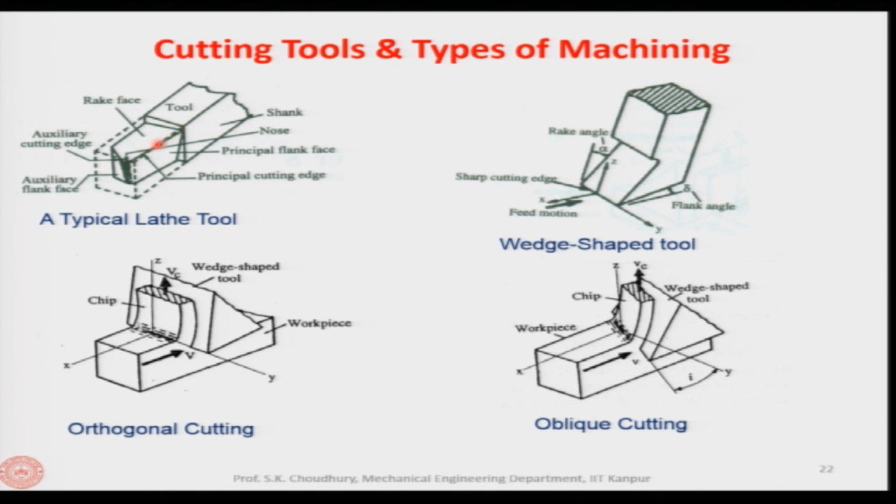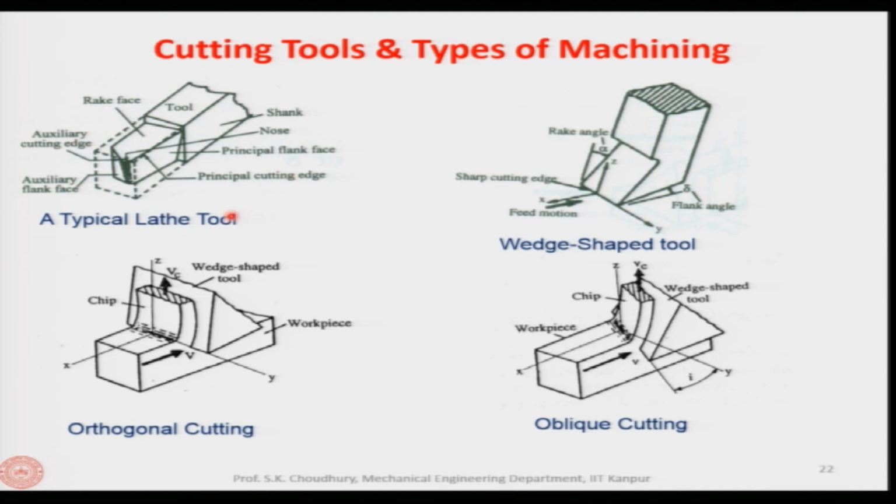This edge is actually taking part in the machining, so it is called the principal cutting edge. Since this is the principal cutting edge, this is the auxiliary cutting edge. And since this is the principal flank face, this side is the auxiliary flank face.